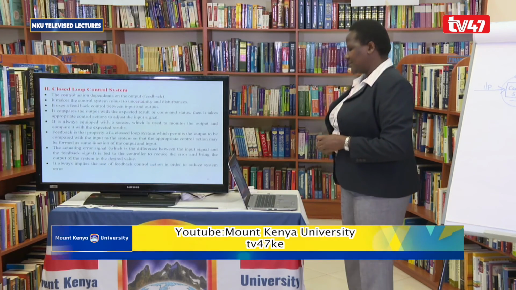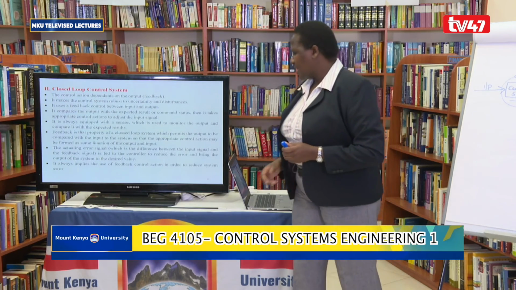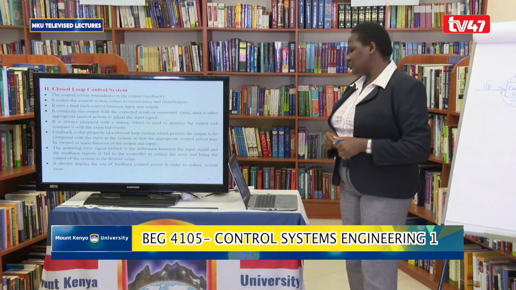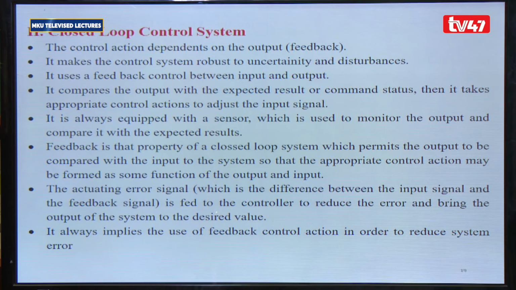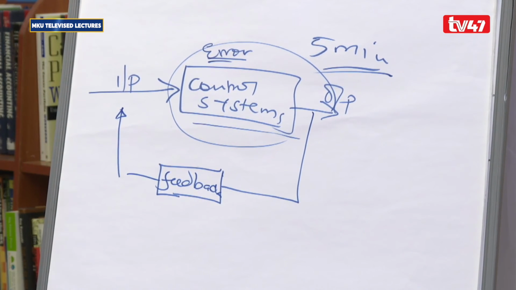Then we have the second class, that is the closed loop control system. In this case, the control action depends on the output. So that one now has a feedback. It has a feedback, and it is this feedback which will do the comparison between the input and the output.